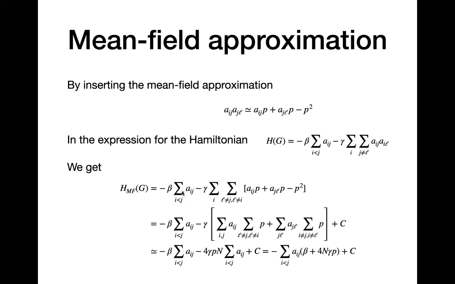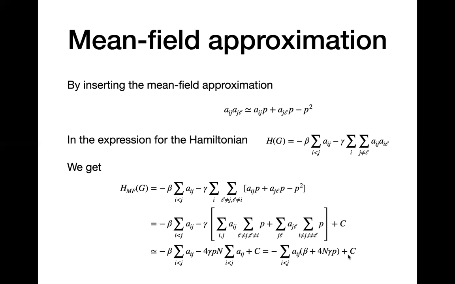And so the first term remains unchanged. In the second term, we substitute the mean field approximation for this product. And what we get is a term that is now linear in the adjacency matrix. And it depends on the Lagrangian multipliers, beta and gamma, but it depends also on p itself, okay? And then we have a constant.